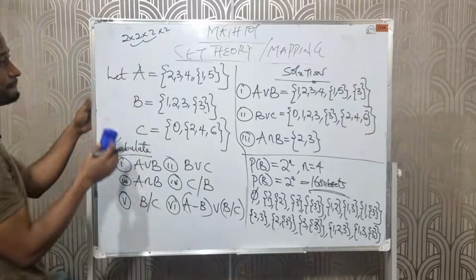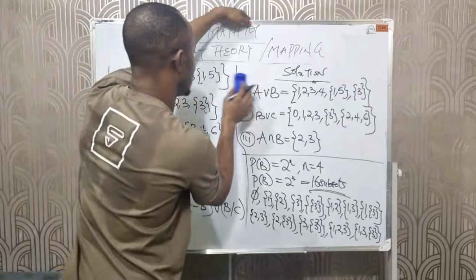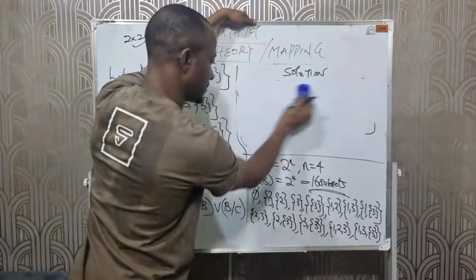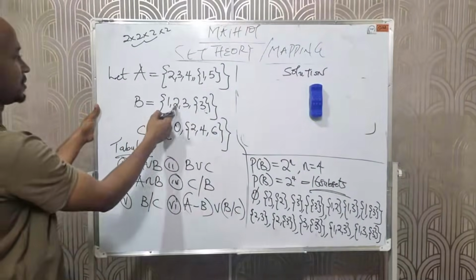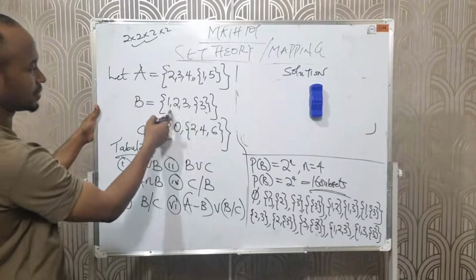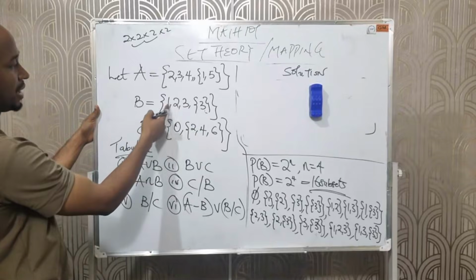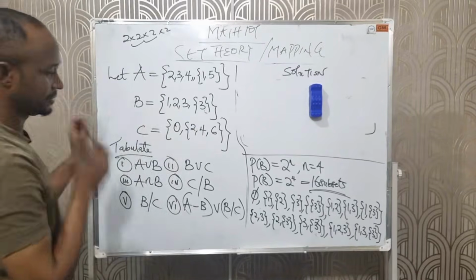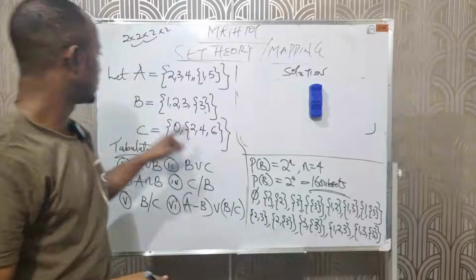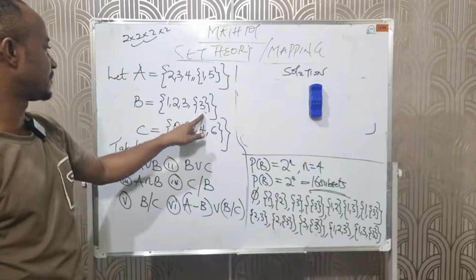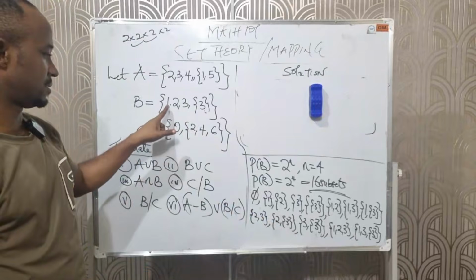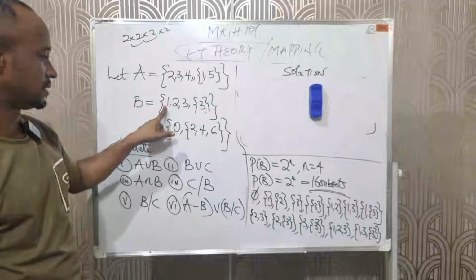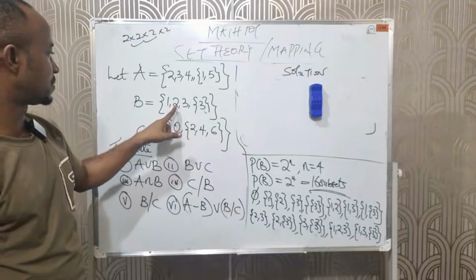Okay, let me clean a little bit. Let me clean one of this part here. We have already learned this. We have seen 1, 2, 3. 1, 2, and set 3. 1, 2, 3 is out.